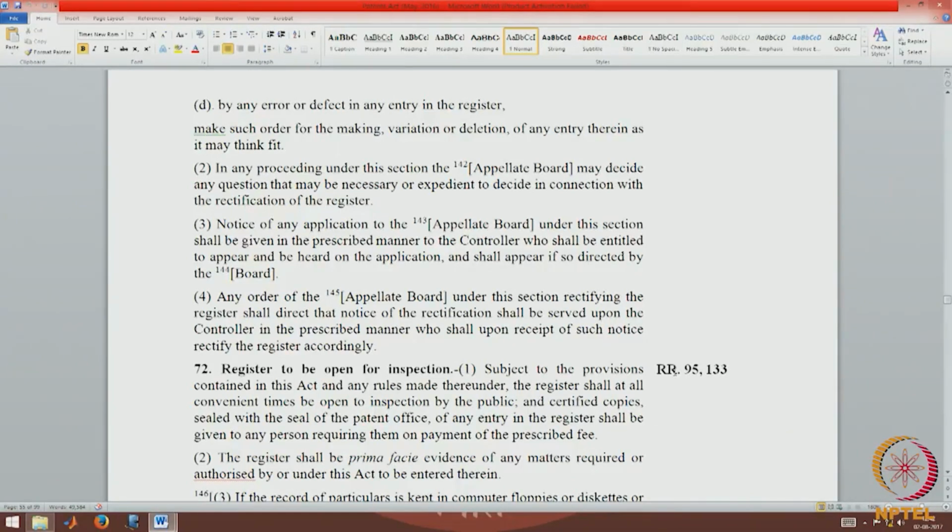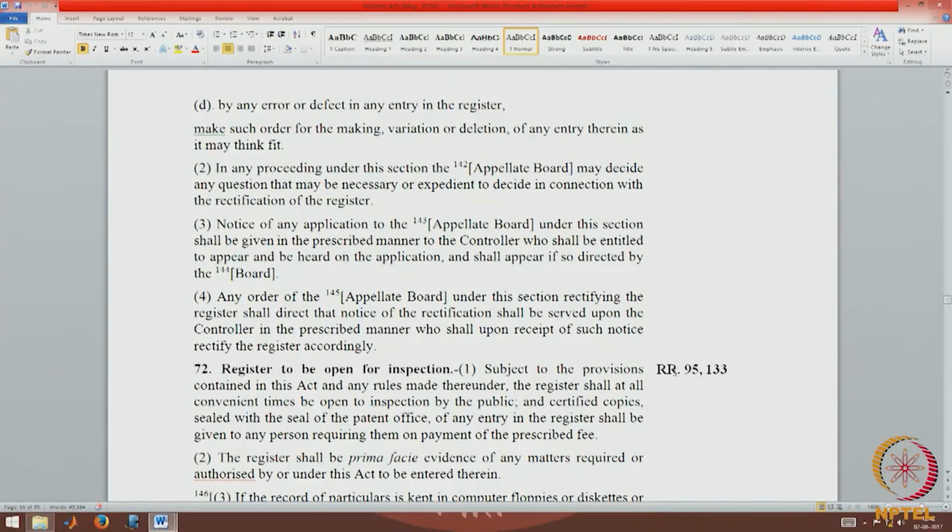4. Any order of the appellate board under this section rectifying the register shall direct that notice of rectification shall be served upon the controller in a manner prescribed, who shall upon receipt of such notice rectify the register accordingly. So any rectification that is carried out, a notice shall be served upon the controller and the controller shall rectify the register.